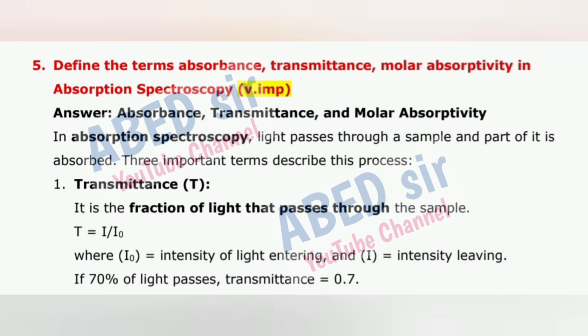Transmittance, T. It is the fraction of light that passes through the sample. T is equal to I/I0, where I0 is equal to intensity of light entering and I is equal to intensity leaving. If 70% of light passes, transmittance is equal to 0.7.